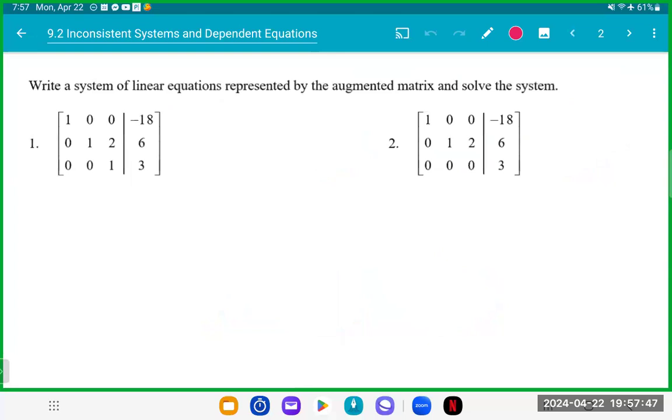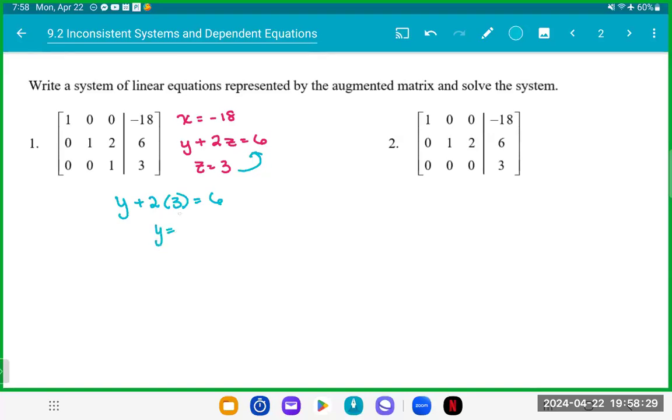Okay. So when we look at this system here, we can see that for the first one, we have x is equal to -18. The second one, we have y plus 2z equals 6. And z equals 3. So when we plug those in together, if I want to plug this into my previous equation here, I get y plus 2 times 3 equals 6.